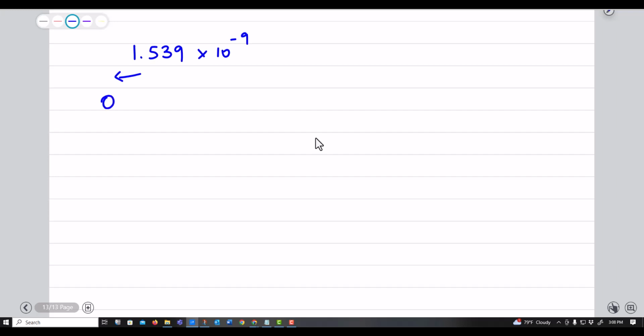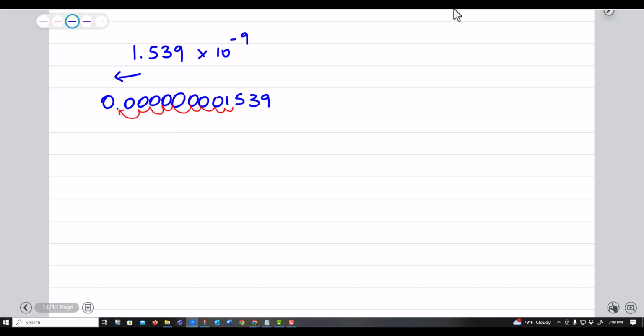So I'm going to put 1, 2, 3, 4, 5, 6, 7, 8. And let's see if that was right. My decimal started right here. Oops. So 1, 2, 3, 4, 5, 6, 7, 8, 9 places. And I can see that's actually a really, really small value.